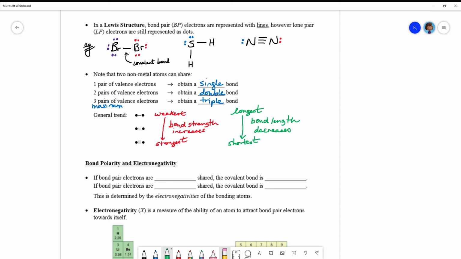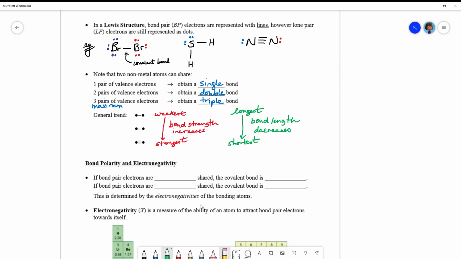Most nonmetals want a total of 8 valence electrons, but not hydrogen, because hydrogen's nearest noble gas neighbor is helium and it only wants 2 valence electrons. And we've seen that atoms can share 1 pair, 2 pairs, up to 3 pairs of valence electrons, forming single, double, and triple covalent bonds.